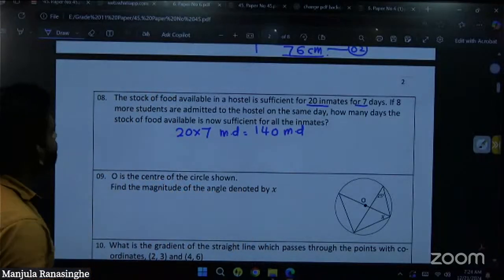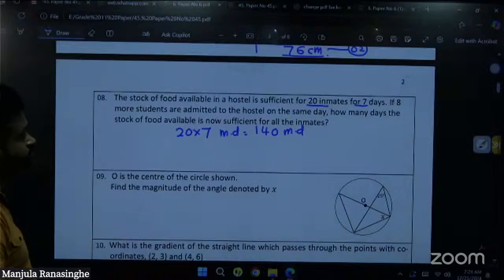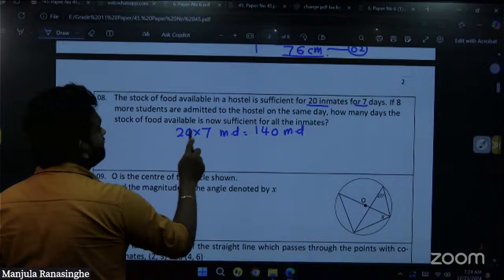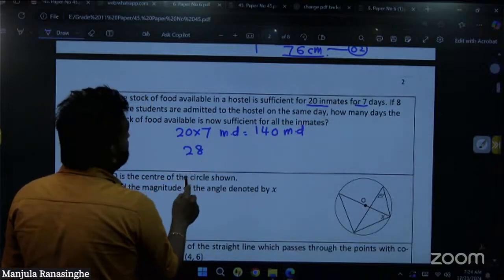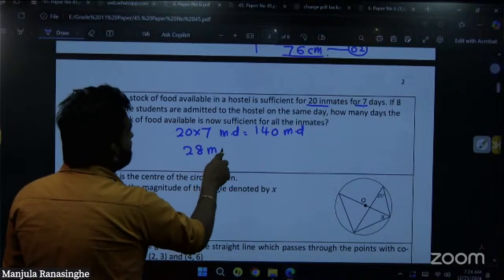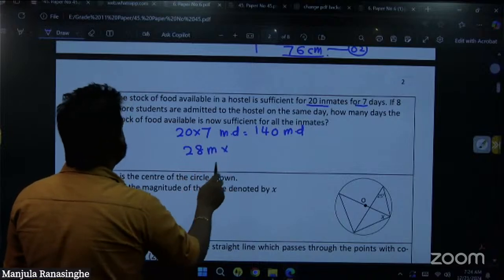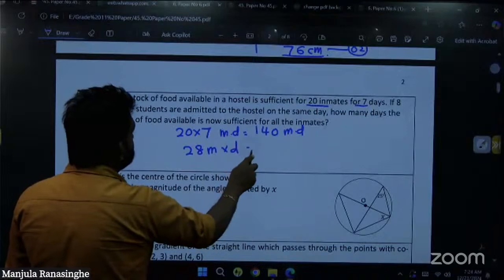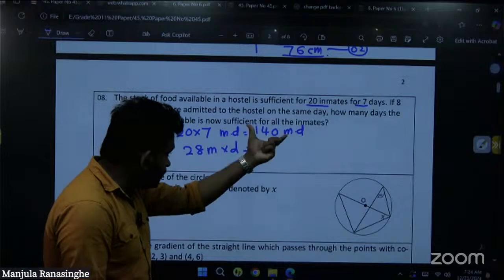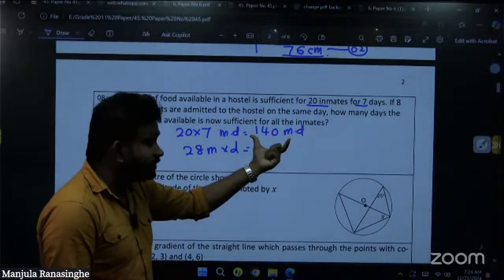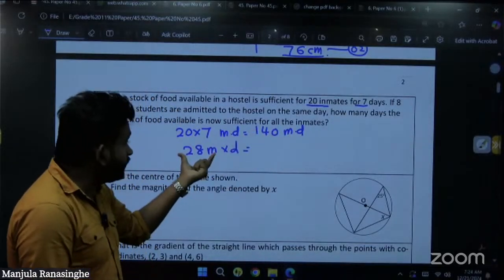Then if 8 more students are admitted to the hostel on the same day, now how many mates in total? 20 and 8 comes to 28 mates. Then they are asking how many days the food is available for that. We do not know the days. So the total is 140 mate days, and we have 28 mates.